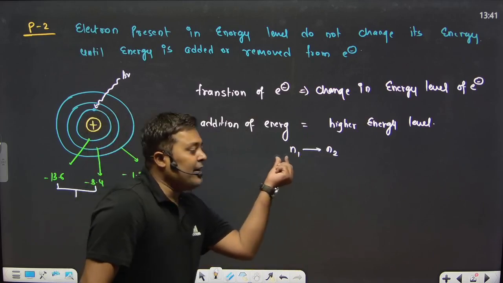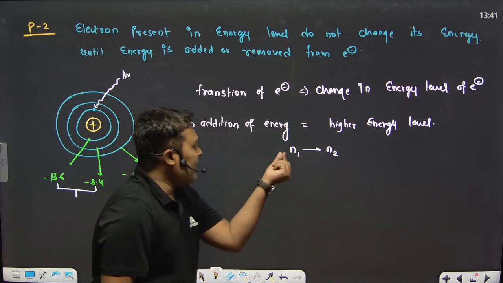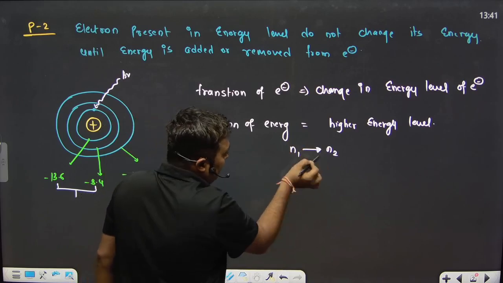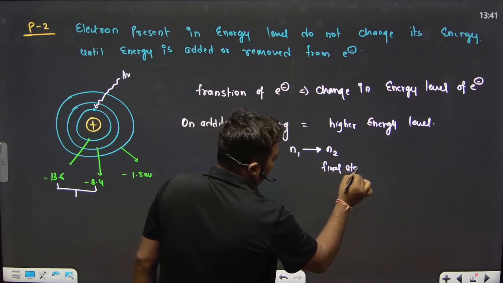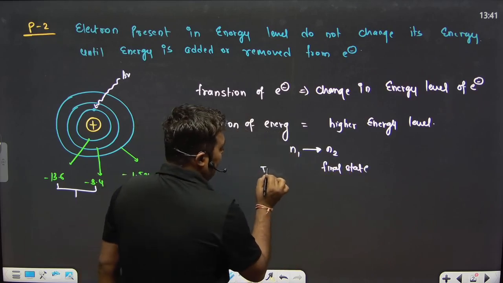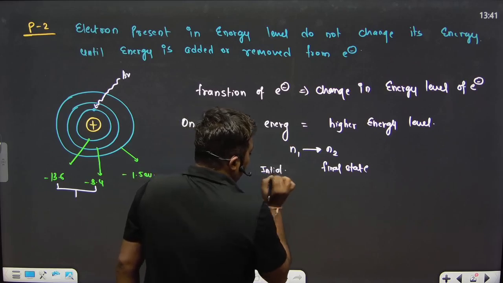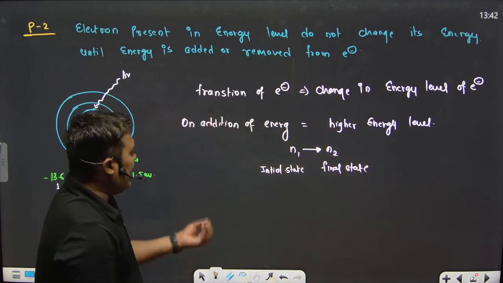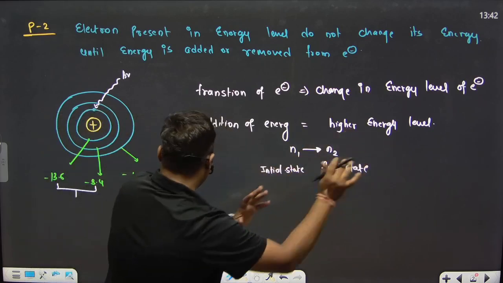We just write down the two states, the initial state and the final state, and we make an arrow like this. The head of this arrow represents the final state of the electron, and n1, the tail of this arrow, represents the initial state of the electron. So if we want to change the energy level of the electron, we need to change the energy of the electron, and accordingly it will undergo transition. On addition of energy, the electron goes to the higher energy level.